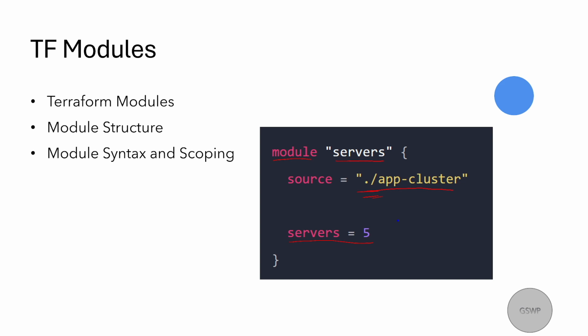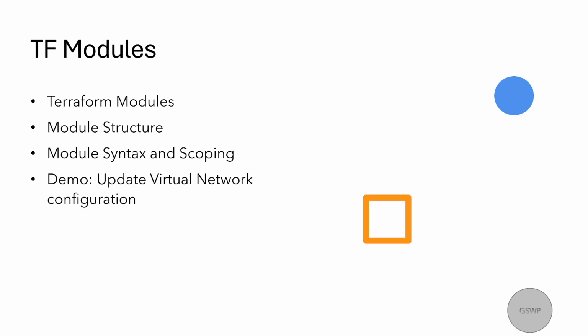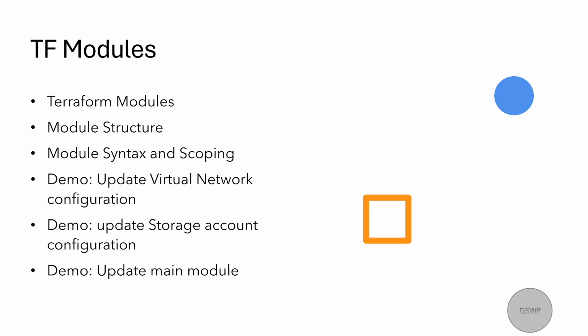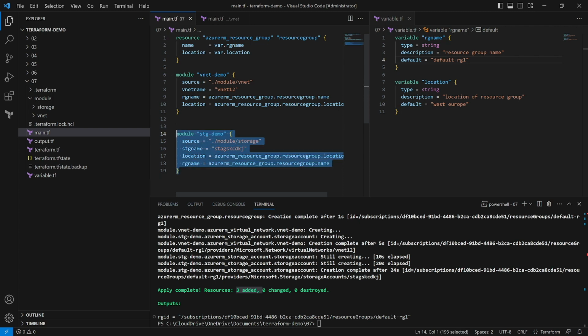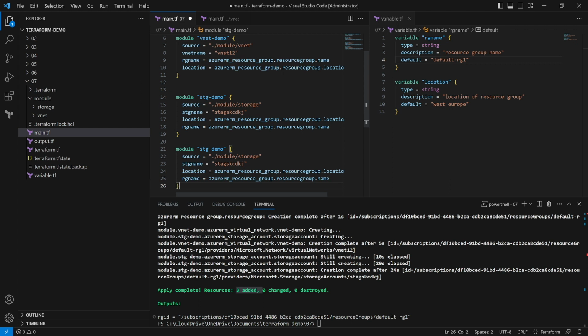And now if I go back to my demo, let's see what else is remaining. We discussed structure, we discussed syntax and scoping, we updated virtual network, storage account, we updated our main module, we deployed our resources, and the summary of this module is that now we get to know how we can use modules in our code. And now it's very easy. If we want to use the same module, we just have to write one more module block, change the name and update these properties, and automatically our storage account with the same properties will be created multiple times.